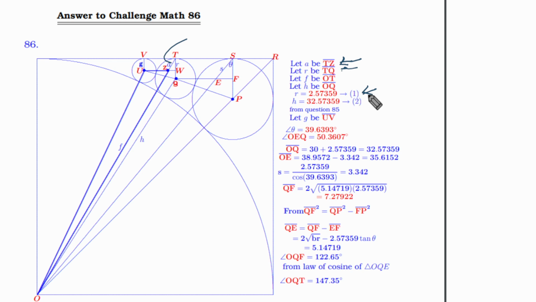Thus, the value of OQ we define as H for simplicity. The value of H will be 32.57359. I repeat the same calculation here.